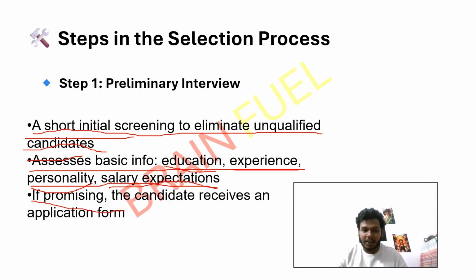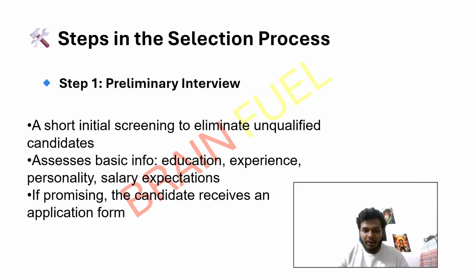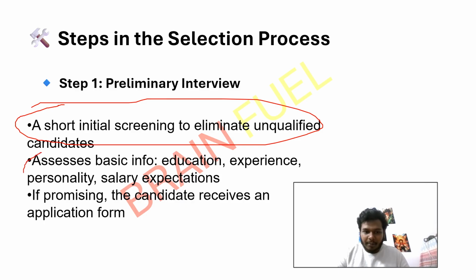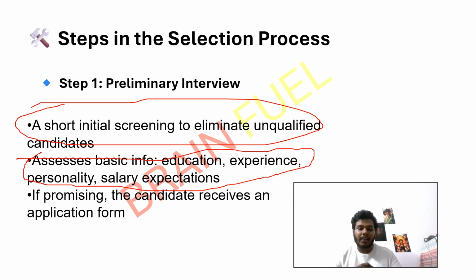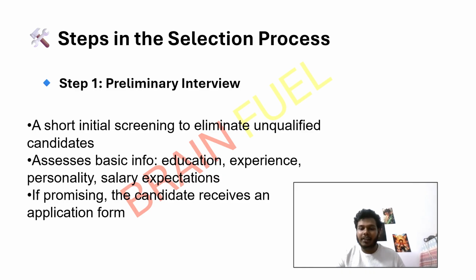If promising, like if the candidate satisfies all the above, meaning qualification is fine, the person has personality, and the salary expectations are as per company norms, experience and education, everything is perfect according to the organization's requirements, then the candidate receives an application form.